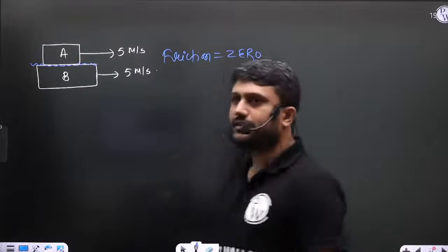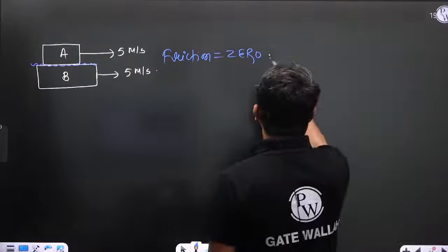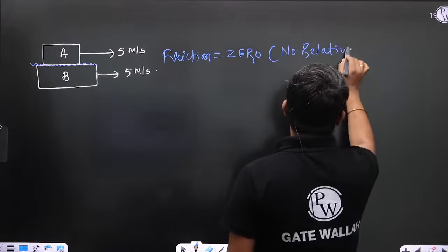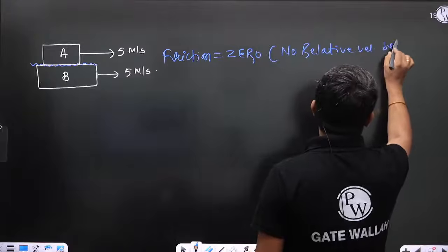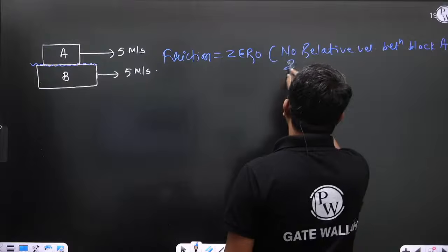In this case, friction is zero. Why zero? Because there is no relative velocity between block A and block B.